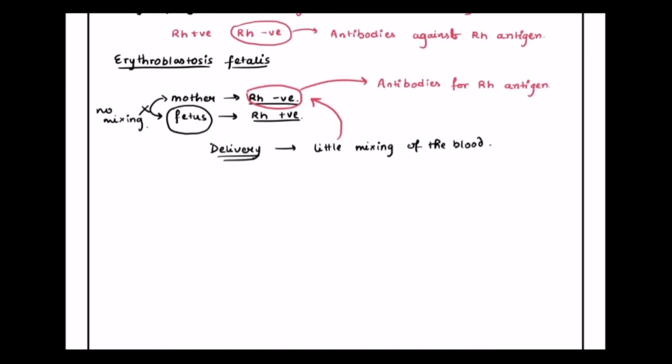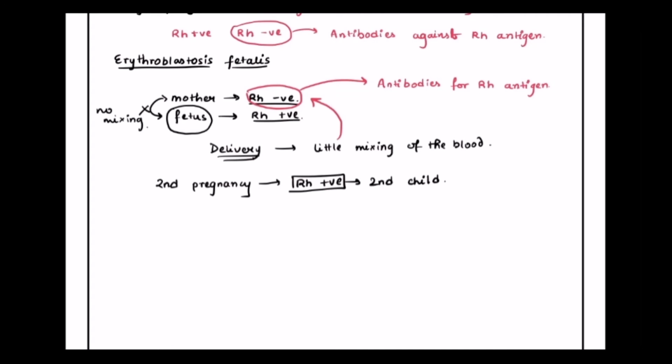The complication happens during the second pregnancy. And if the second pregnancy is giving a child who is again RH positive, right? So the second pregnancy also has a child who is RH positive.